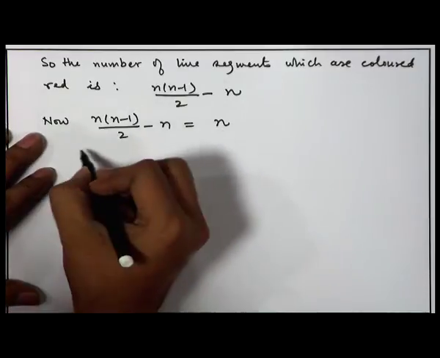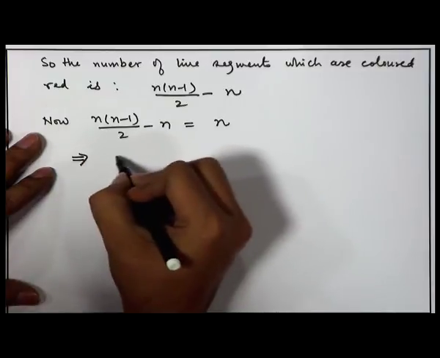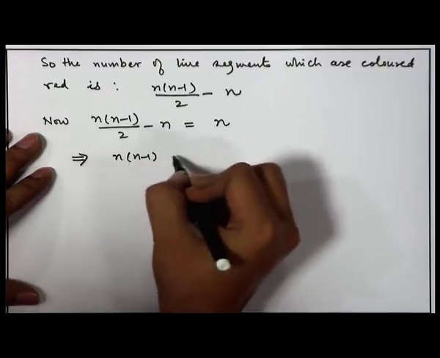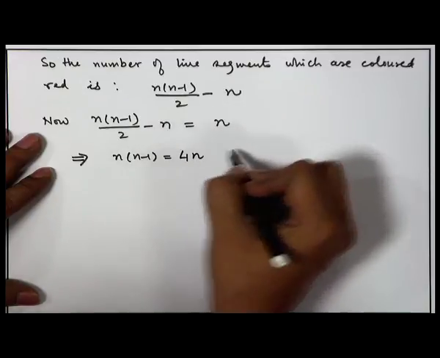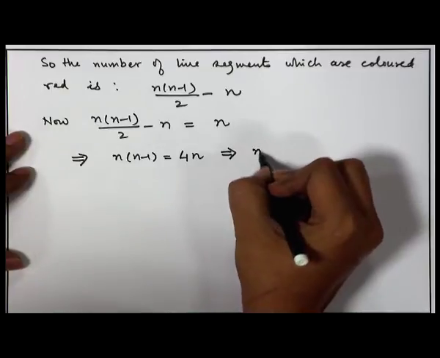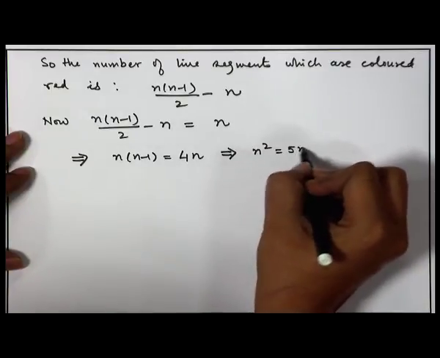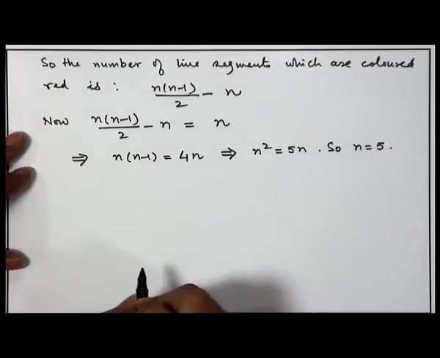Of course, you can simplify this, it is equivalent to n into n minus 1 is equal to, you take this to this side, so it becomes 4n. So, this means that n square is equal to 5n. So, n must be equal to 5.